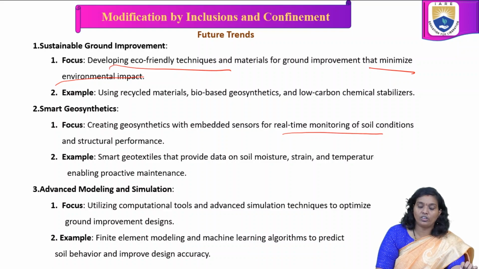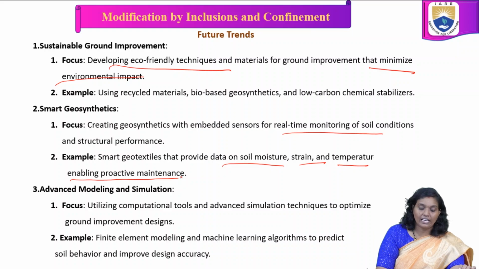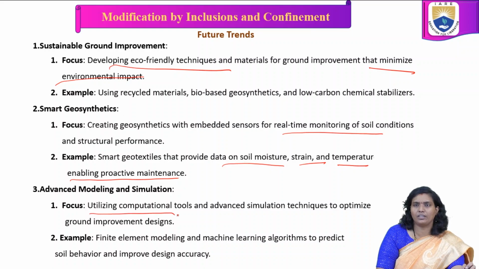Example: smart geotextiles that provide data on soil moisture, strain and temperature, enabling proactive maintenance. In advanced modeling and simulation, the focus is on utilizing computational tools and advanced simulation techniques to optimize ground improvement designs.